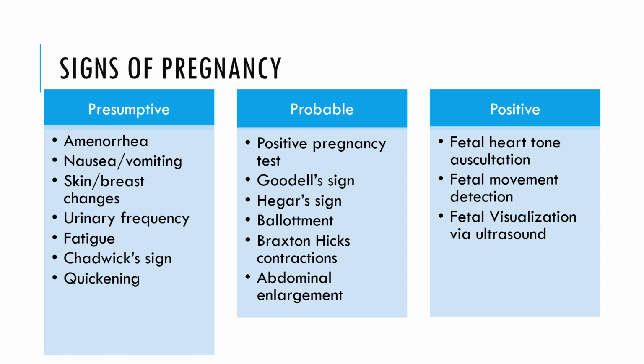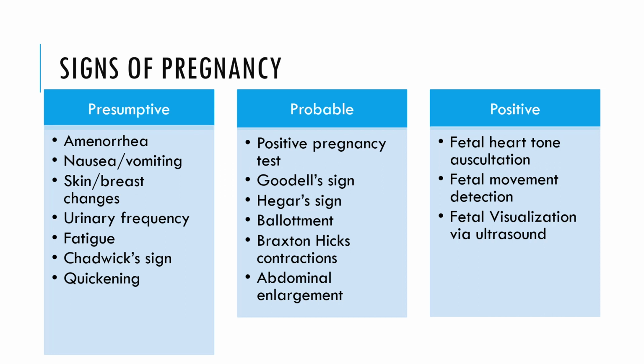Your Braxton Hicks contractions are just going to be irregular contractions, and a woman can experience those throughout the pregnancy, but they may not notice them, whereas some may. And then you've got your abdominal enlargement. So if you look at your presumptive and probable signs, there are other different disorders that could be ruled out.